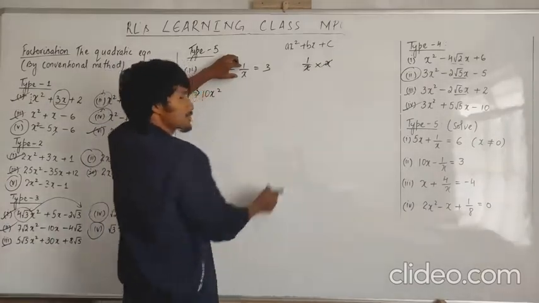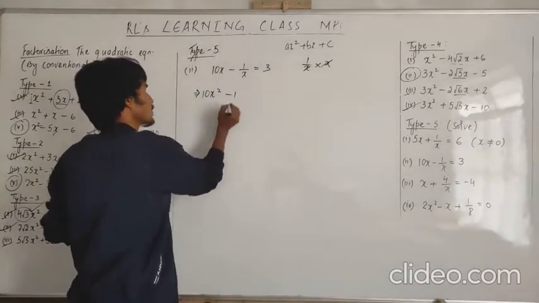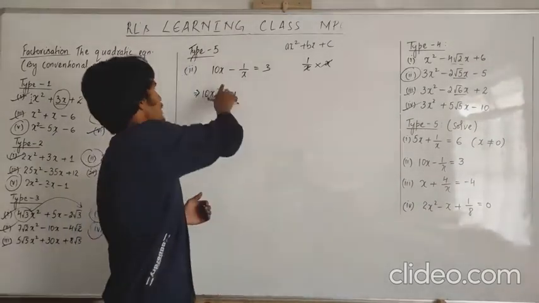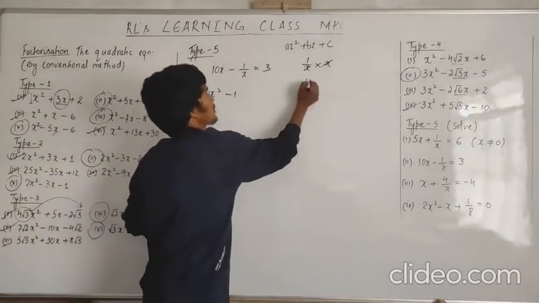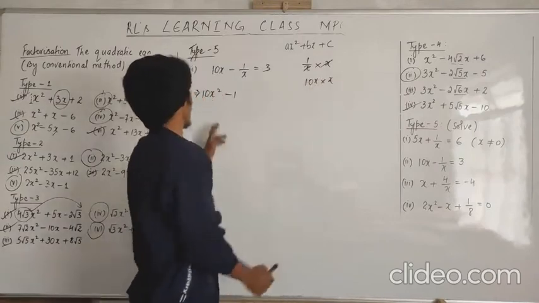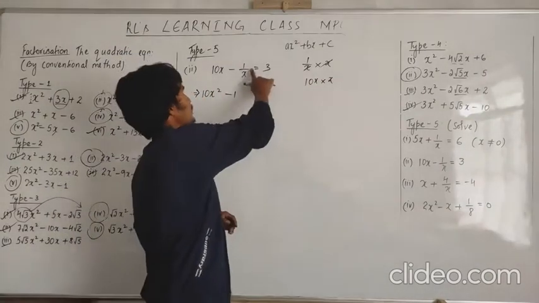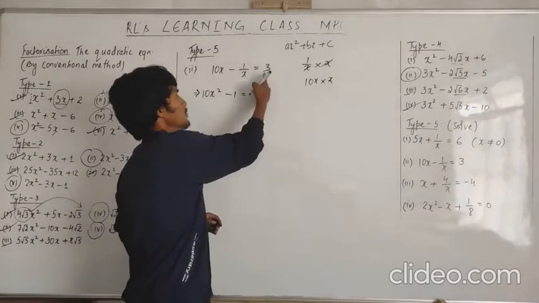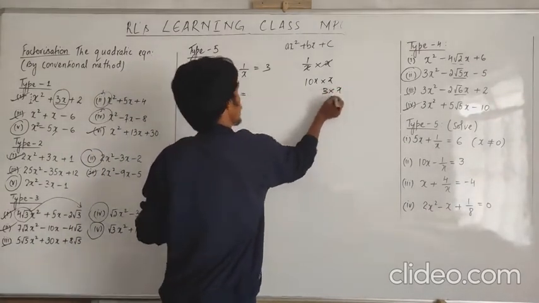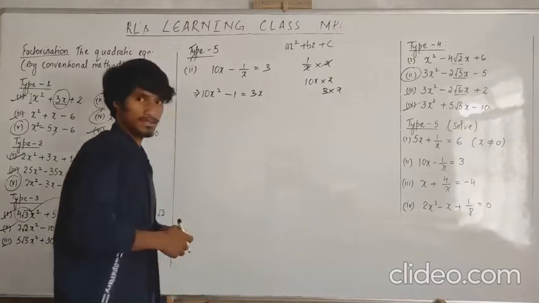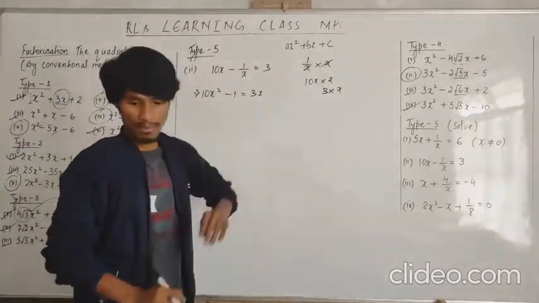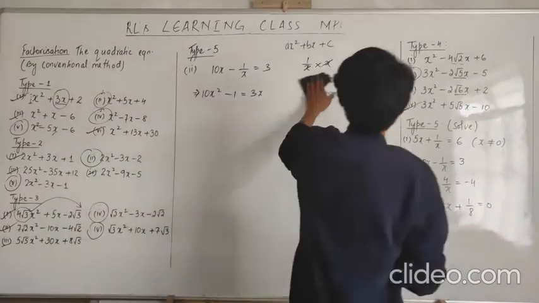Then x and x will be cancelled and left here only 1. Because multiplying throughout by x, then 10x into x, we got 10x squared. Then 1 by x into x, we got only 1. Then equal to this. 3 into x, we got 3x. Got it now? Multiply throughout by x.